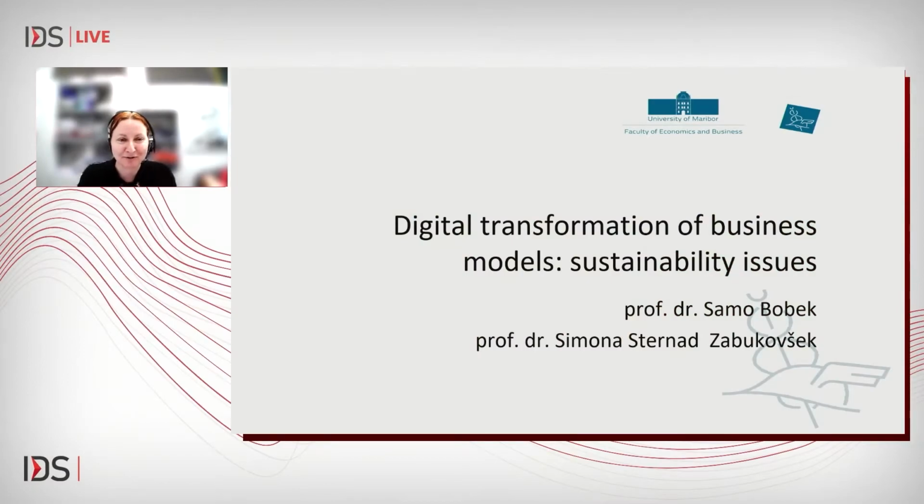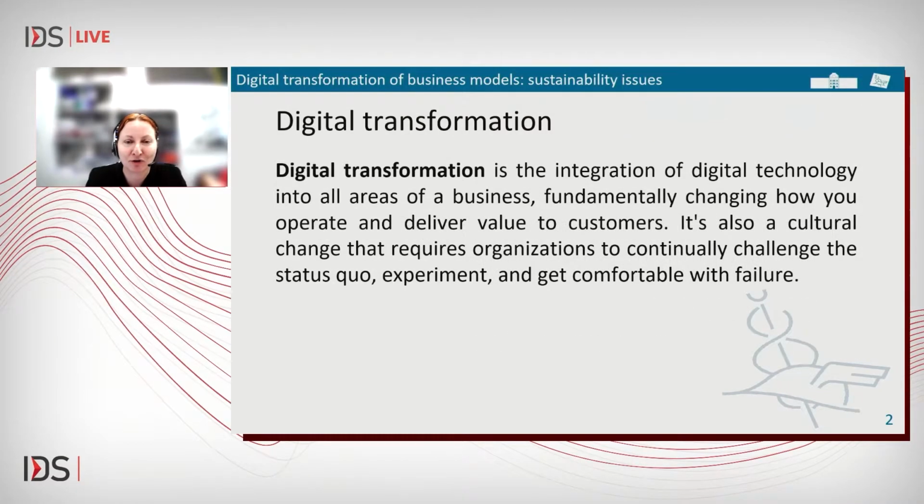Today we will talk about digital transformation of business models and how digital transformation also has an impact on sustainability. At first, what is digital transformation? This is the integration of digital technology into all areas of business, fundamentally changing how you operate and deliver value to the customers.